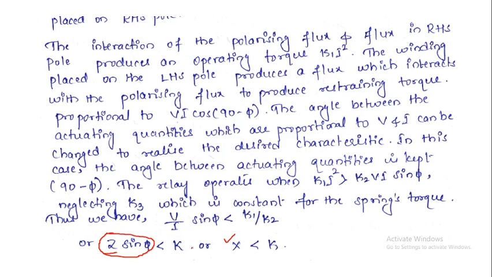As you already know, when the term comes with a sin phi, we can represent it as a reactance. So when X is less than K, the relay is going to operate. X is nothing but the reactance of the transmission line we have considered for the protection. So if the reactance of that transmission line is less than some constant value K, the relay is going to operate.